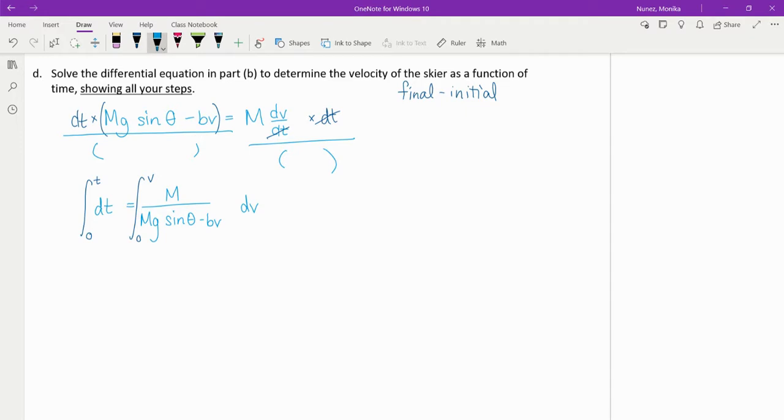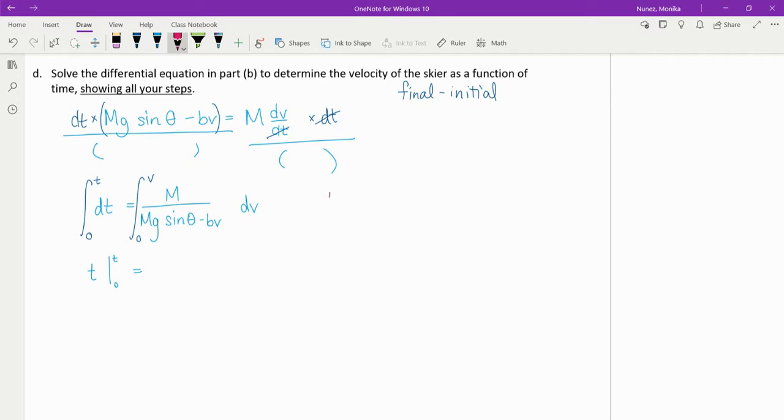The left-hand side of my integral is a relatively easy integral because when we do the integral of dt, the answer is just t. And we're going to evaluate that t between 0 and t. The right-hand side is a bit more complicated. We have to use a skill that's used in calculus called u substitution.